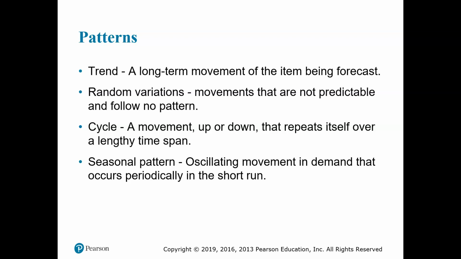We may see some random variations, movements that are not predictable and follow no pattern, or more of a cycle or seasonal pattern, where there's movement in the forecast, in the demand, but it occurs periodically in a short run and occurs at regular intervals.